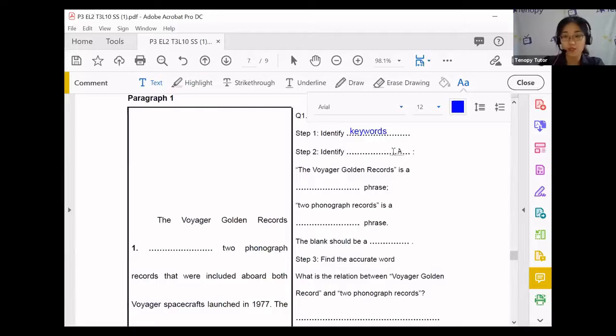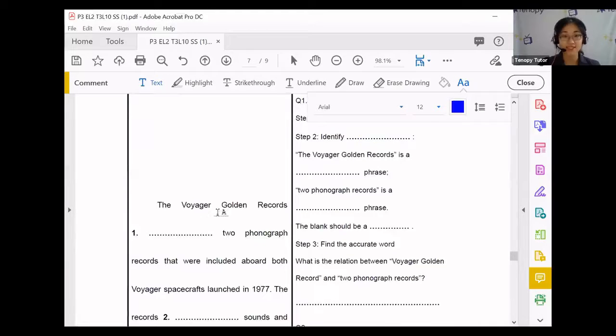The keywords are the words that are next to or near the blank, because these are the words that give us clues of what we should put into the blank. So the first thing we do when we see a blank is to read the sentence and then identify the keywords next to it.